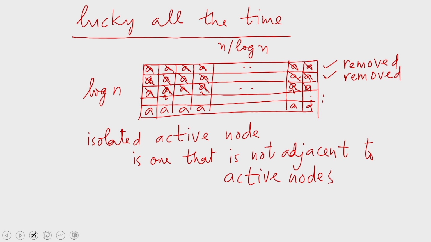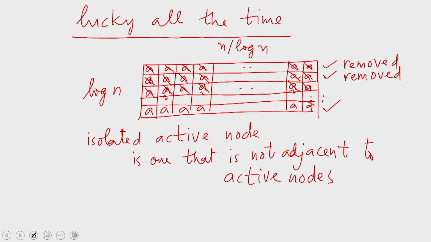So, now the scenario is like this: the length of the list has been reduced from n to n by log n, because we have only one element per column remaining in the list, and these are the active nodes, which means all of them have processors sitting on them. The remaining nodes have all been removed from the list, one set at a time. This is precisely what we want. We want to reduce the length of the list from n to n by log n, and then on this list we want to run the pointer jumping algorithm.